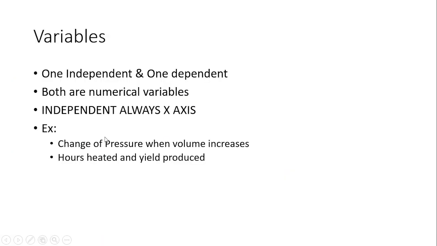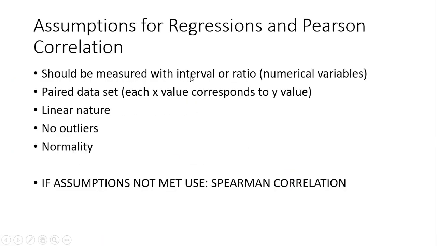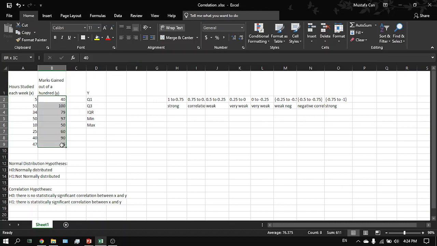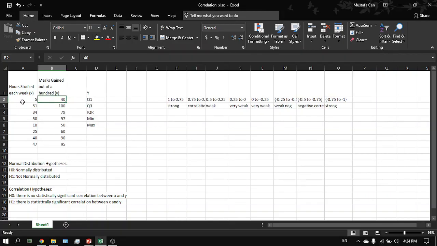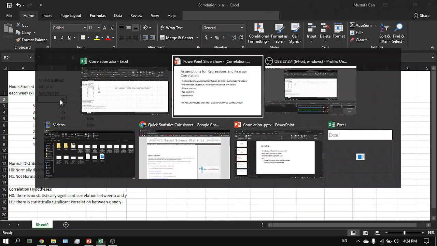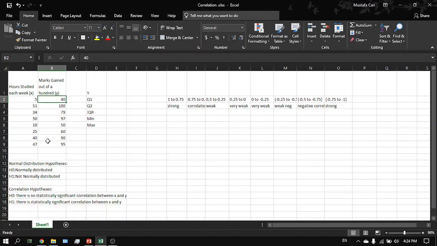Let's see the assumptions for correlation. Should be measured with interval or ratio. This is a ratio since it is between 0 and 100. Paired data set: each x value has its y value. Yes, we have those. Linear nature. So let's check linear nature. As you can see, the data is not plotted in increasing order.